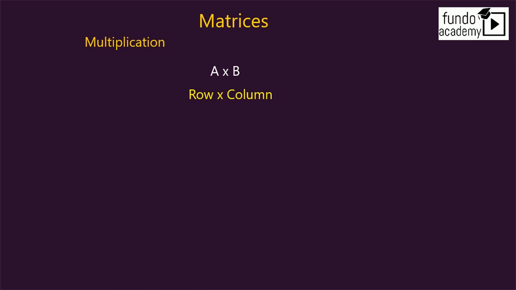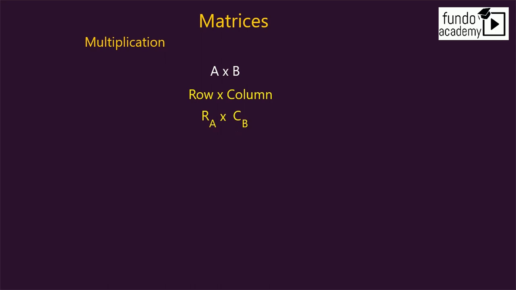So we'll be taking a row from matrix A and multiplying that by a column on matrix B. That is how we multiply our matrices. It's a row by column. From the first matrix, you take a row, you multiply that with a column on the second matrix. So it's a row from matrix A multiplied by a column on matrix B.